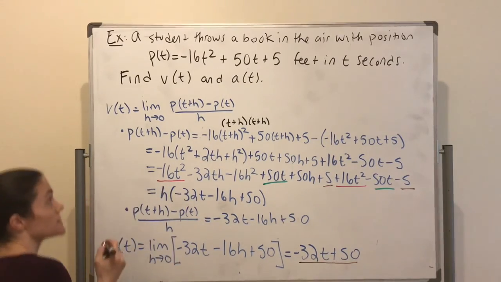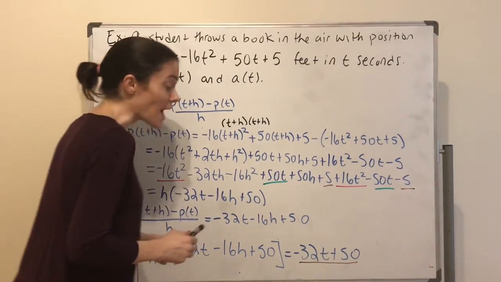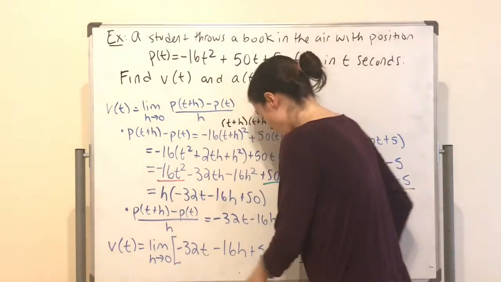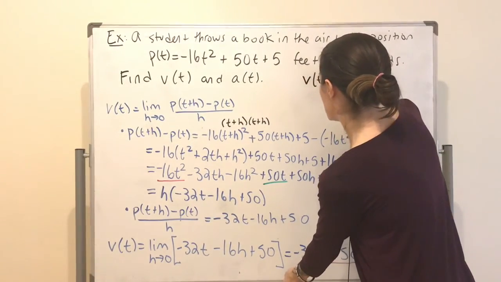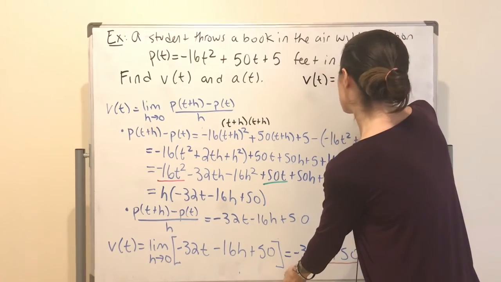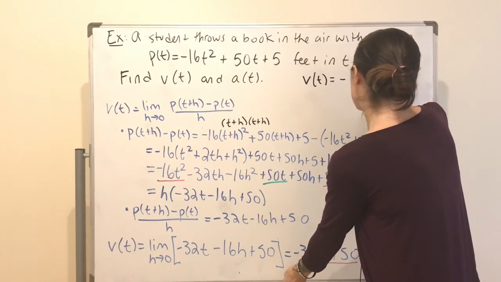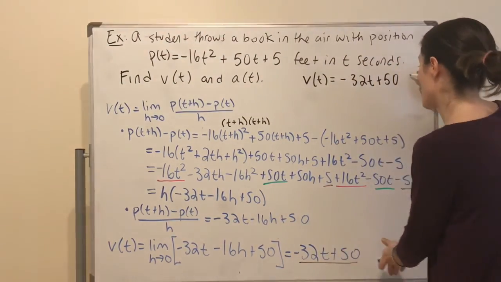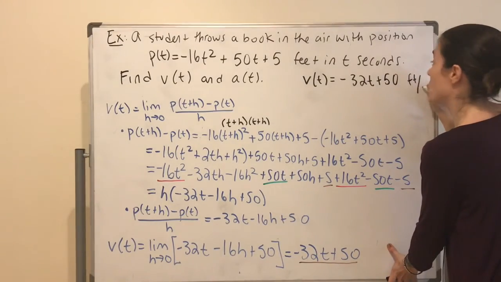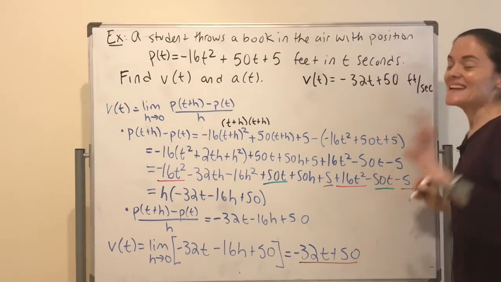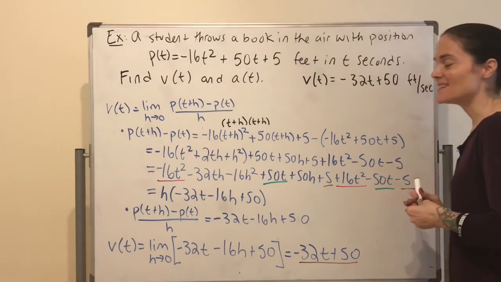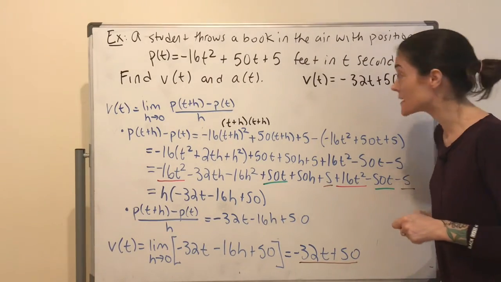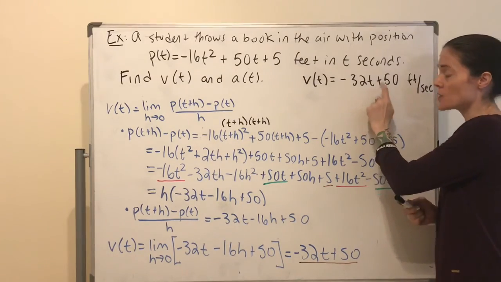This is the answer for the velocity as a function of time. So we have found the velocity v of t equals minus 32t plus 50. And the units here are feet per second. And now, just as a wonderful sanity check based on the work that we did earlier, what happens when you evaluate this?